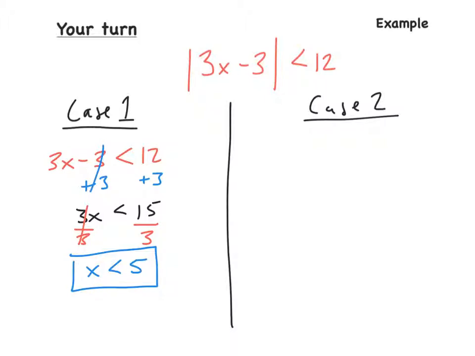Case number 2. Remember, very first thing that you do, flip the sign. Second thing you do, make the solution negative. That's negative 12. And then keep the left side of the equation the same. Now you just solve it like usual. So I will add 3 to both sides.